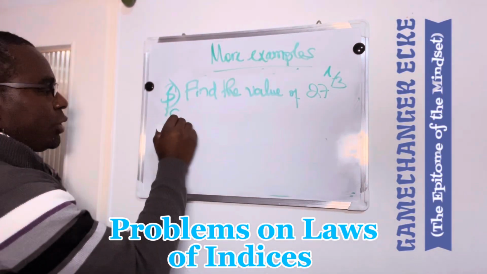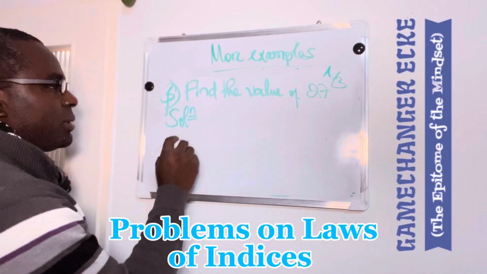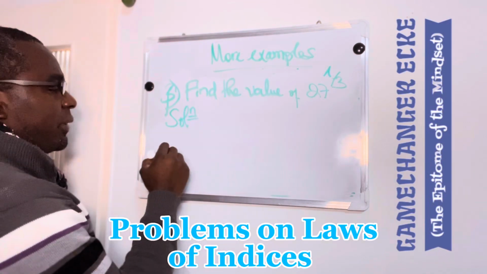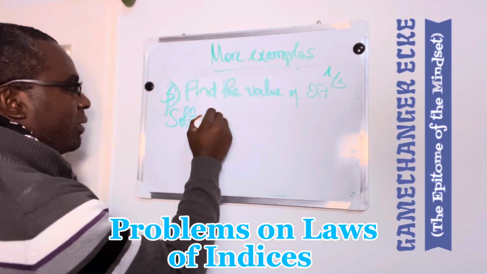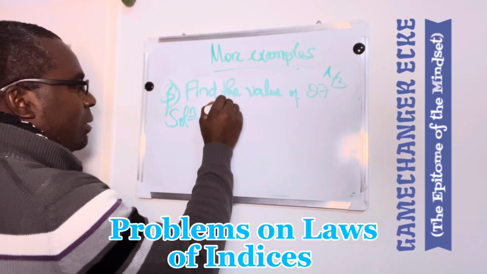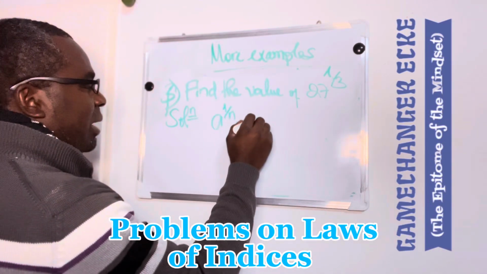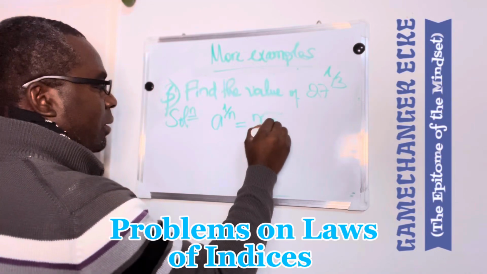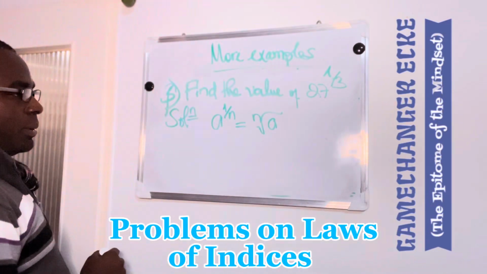The solution to this one uses the laws of indices. We know that this law of indices, a to the power 1 on n, is the same as the nth root of a.